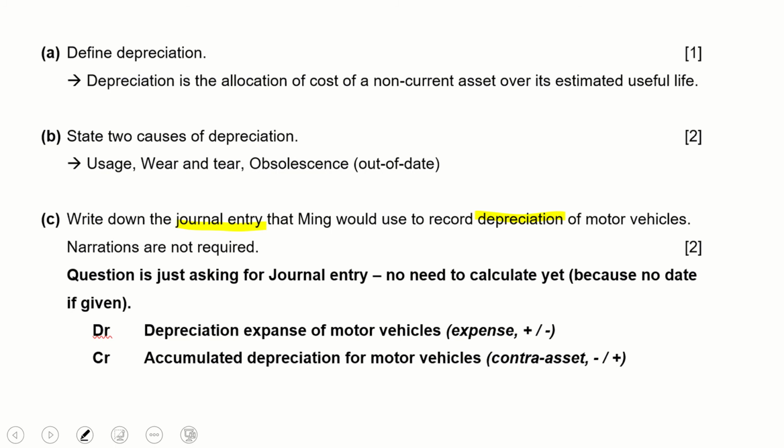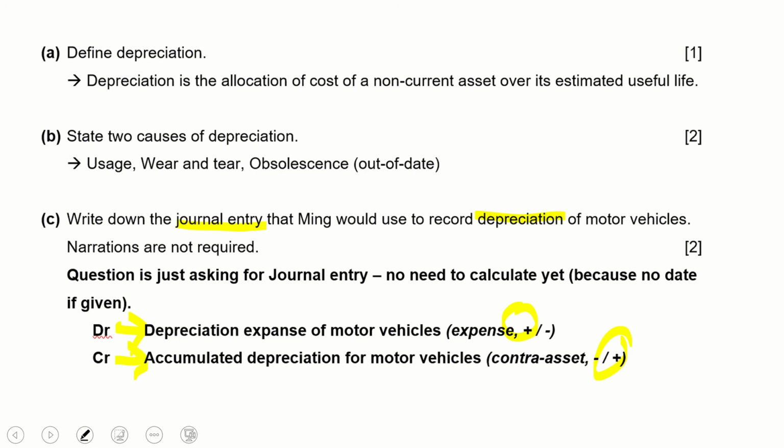So you do know that depreciation expense increases, and you also know that accumulated depreciation increases. However, you did not write down the debits or the credits. So you need to specifically tell me that for depreciation, this account is debited, and for accumulated depreciation, this account is credited.